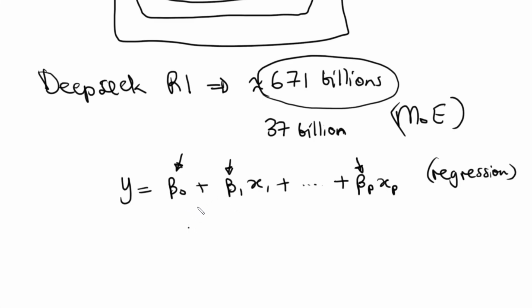So here we have p + 1 parameters, p parameters plus this one, which some people call the bias, some call the intercept. It's rare to deal in hundreds of parameters; usually you deal with a manageable 20 or 30. Now think about 671 billion parameters. That is a very large number.